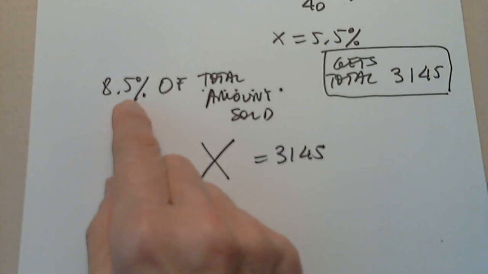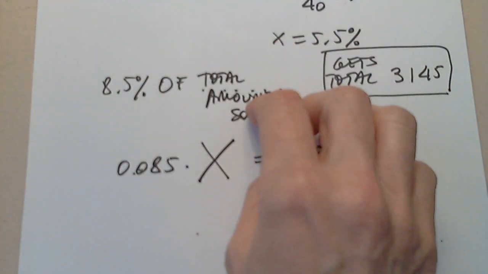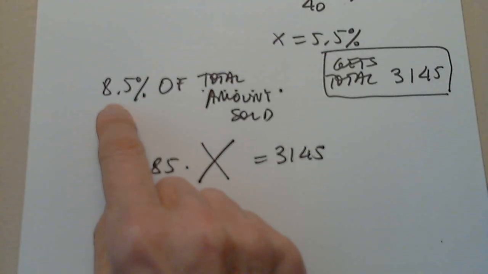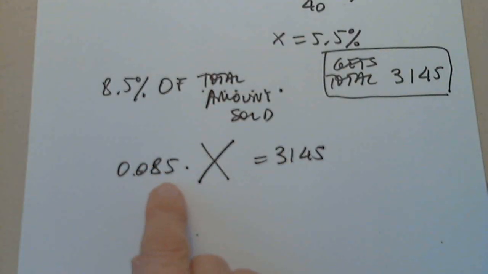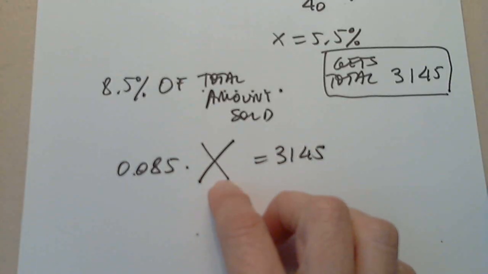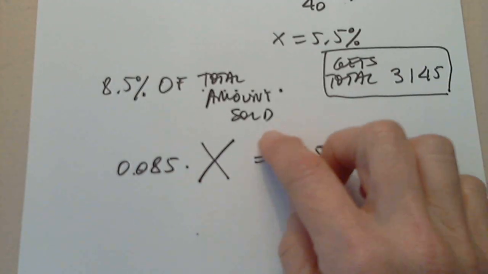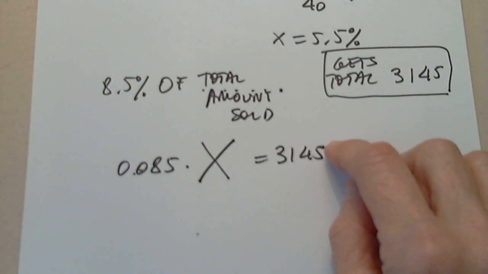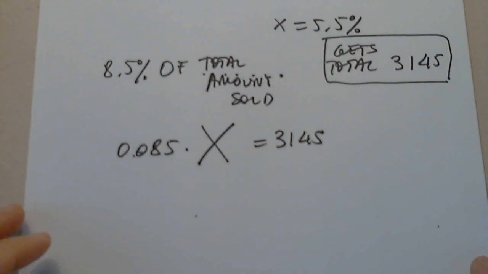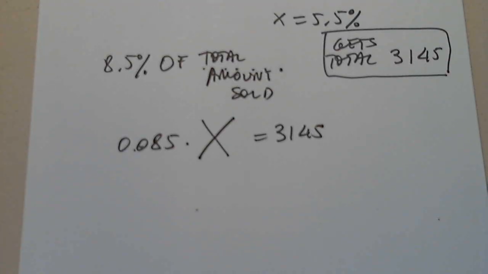So he's paid from what he sells 8.5% of it. So 0.085 multiplied by the total amount. And he ended up getting at the end of the month this amount in his pocket. Maybe minus taxes and other things, but that's the calculation.